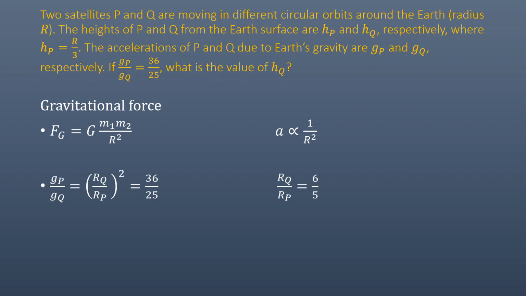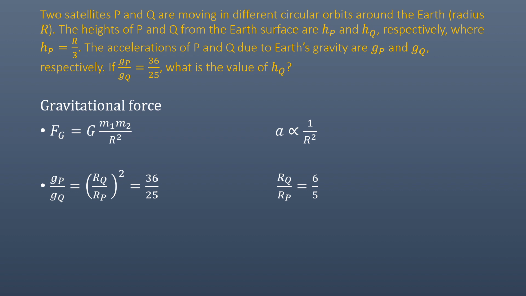So we can say gp is proportional to 1 by rp square and gq is proportional to 1 by rq square. So the ratio gp by gq would be rq by rp the whole square, which is given to us as 36 by 25.